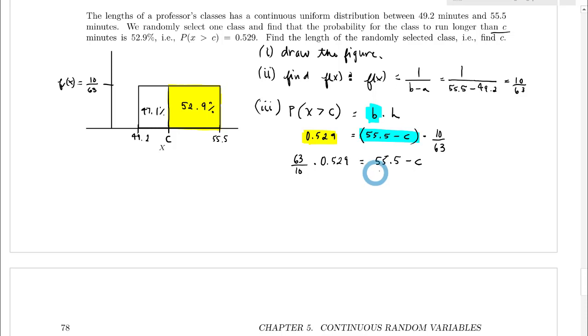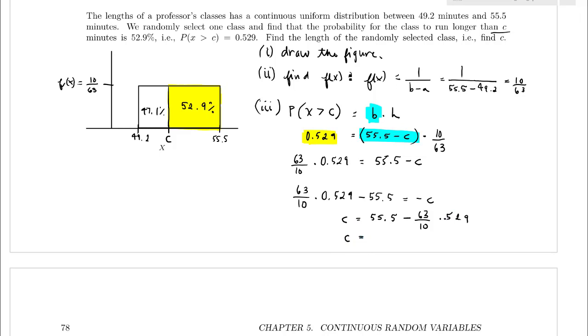So if I play around algebraically, I could go ahead and subtract 55.5, so 63 over 10 times 0.529 minus 55.5 equal to negative c. And then we know that we could play with the negatives, and we can get c to be equal to 55.5 minus 63 over 10 times 0.529. And let's just put that in the calculator and see what we get.